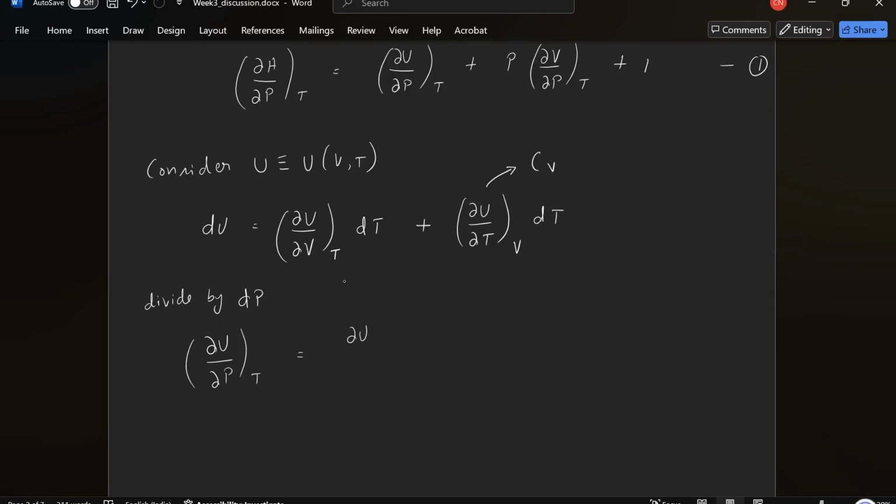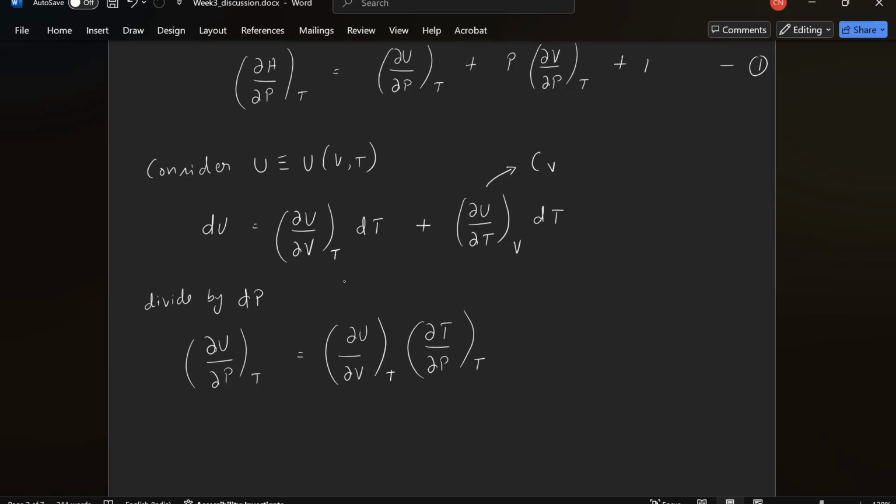So this will remain the same, this term dV divided by dP, and then this dT by dP at constant temperature. Oh, sorry, I've done something wrong.